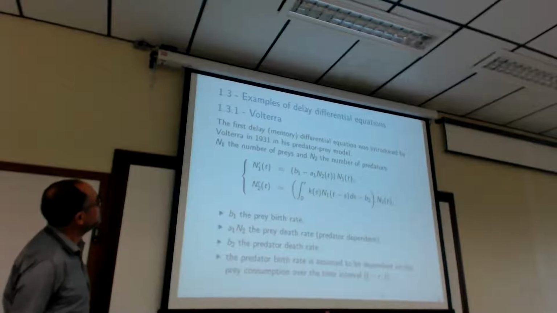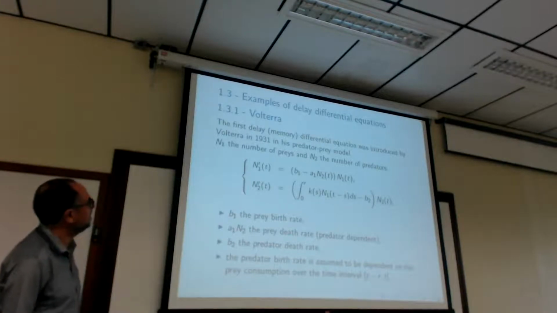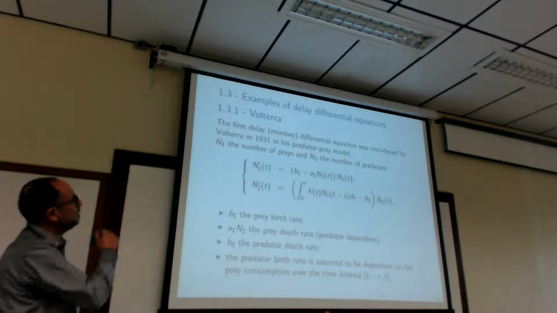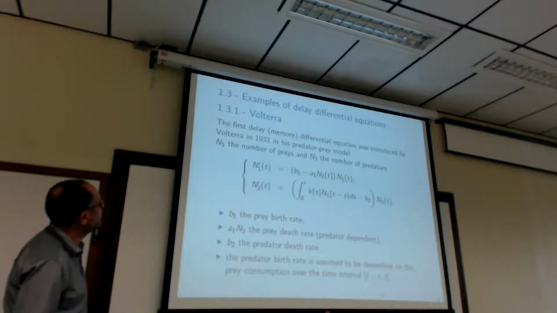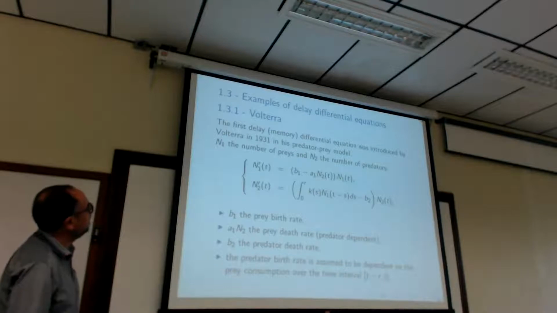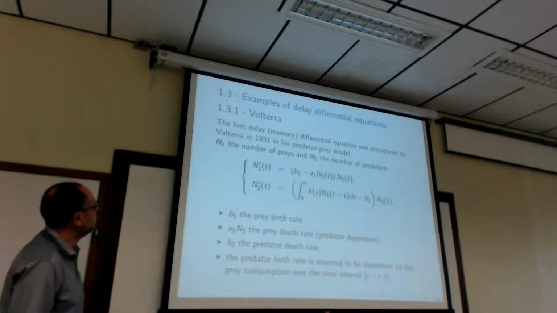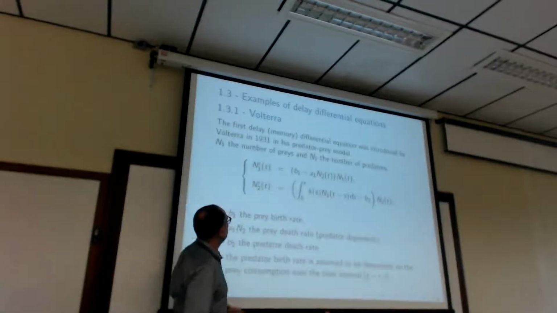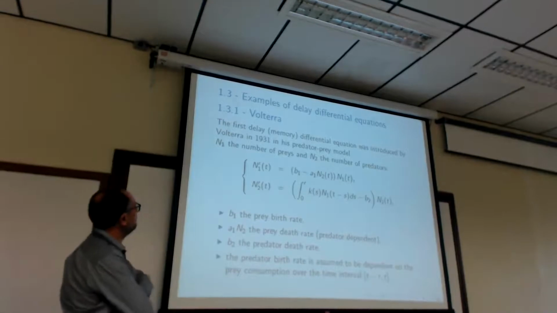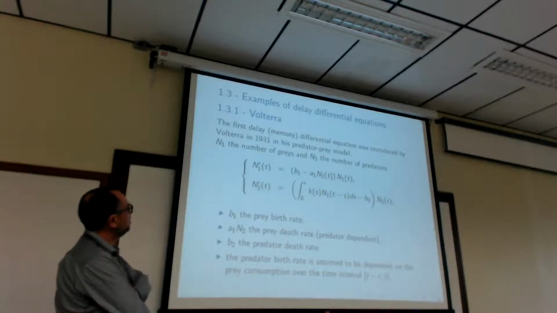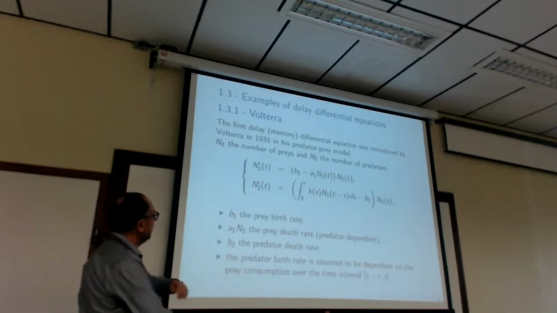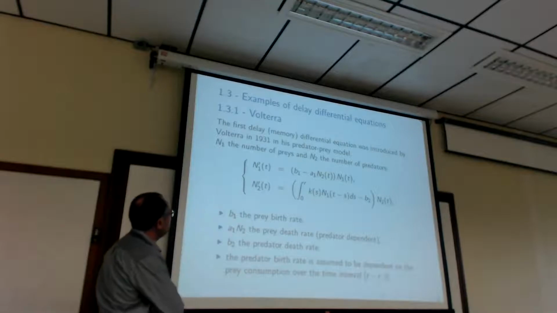I will give you now some examples of delay differential systems. The first one is Volterra's, because it's the most famous one, and I think it's the first one. Volterra was the first to introduce delay differential systems, and he considered a predator-prey model. You have two populations: N1 is the number of prey, and N2 the number of predators, and you have the evolution of the prey.